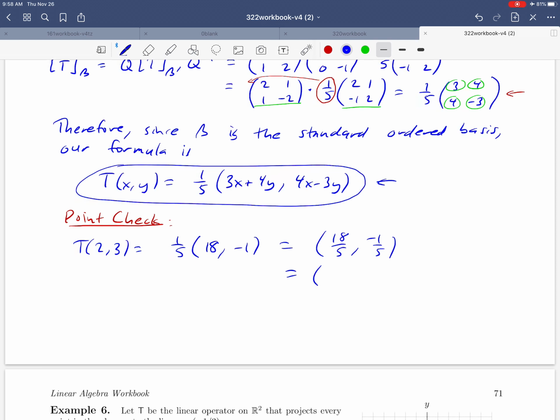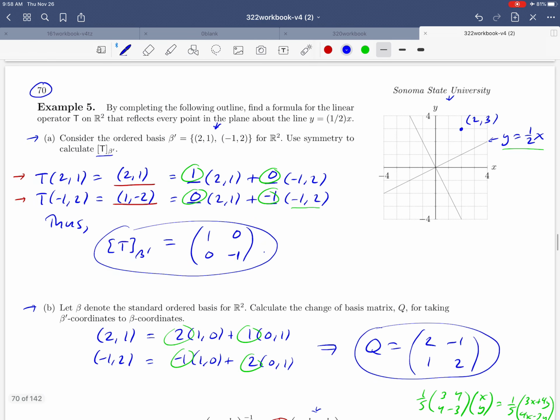I'm going to write that in decimal form: 3.6 and negative 0.2. So let's plot that point up above. 3.6 is about here, and negative 0.2 is maybe about there. So 3.6, negative 0.2.